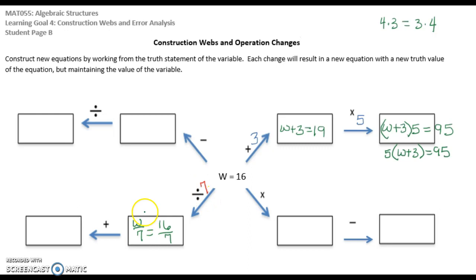Here again, we're having 2 different alterations. I'm going to add 11. And now my current expression is w divided by 7, and this expression is equal to this value. My new expression is w divided by 7 plus 11, and that new value of this expression is just 16 over 7 plus 11.